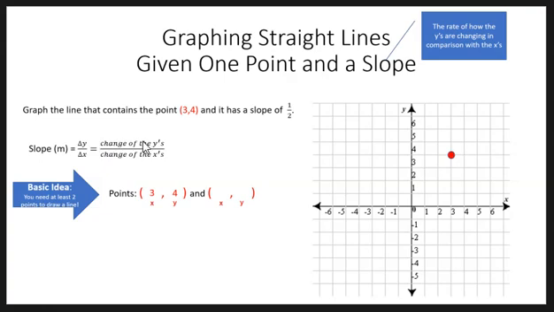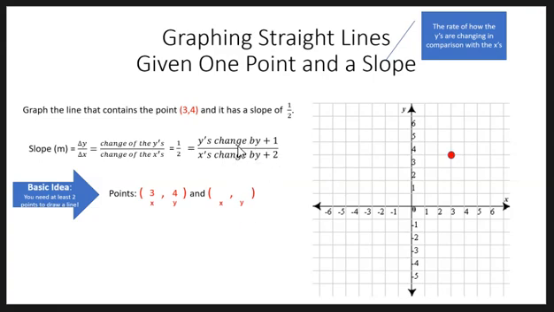How the Y's are changing in comparison to how the X's are changing. Now my slope is 1/2. So let's analyze what that means. It means the Y's are changing by 1 more, positive 1 because the 1 is positive, and the X's are changing by 2 more.